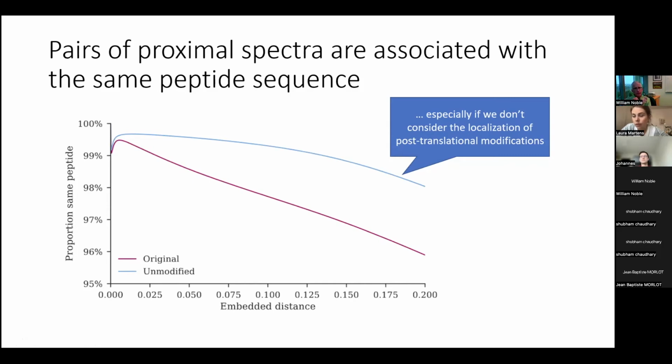And if you have, for example, a methionine oxidation, but your sequence contains 2 methionines, it's very hard to tell the difference between that same peptide sequence with an oxidation on 1 methionine versus the sequence with oxidation on a different methionine. And so if we treat those two as the same, then you can see that the curve gets a lot better in the sense that you have a higher percentage. So many of the confusions have to do with this very difficult to discriminate localization of PTMs.